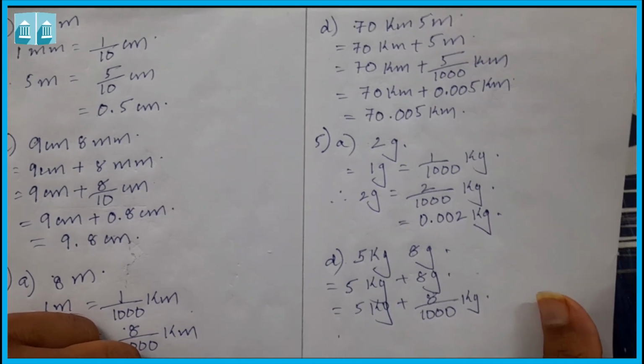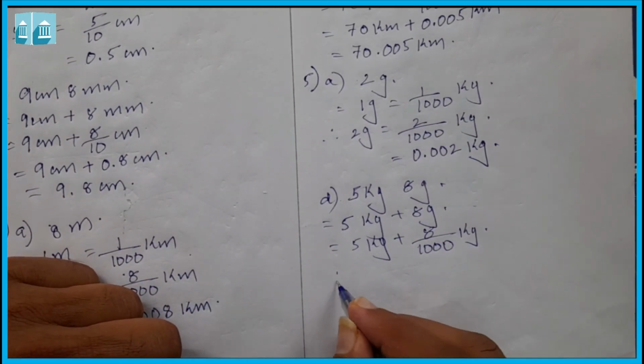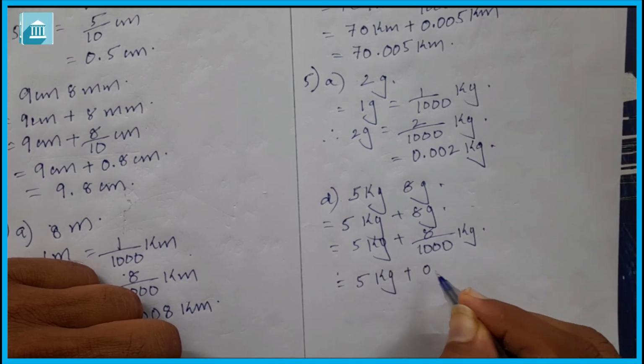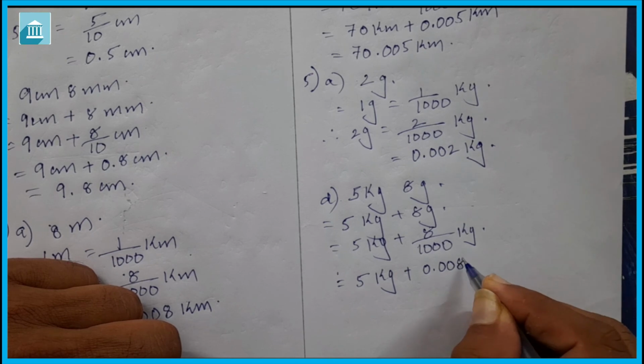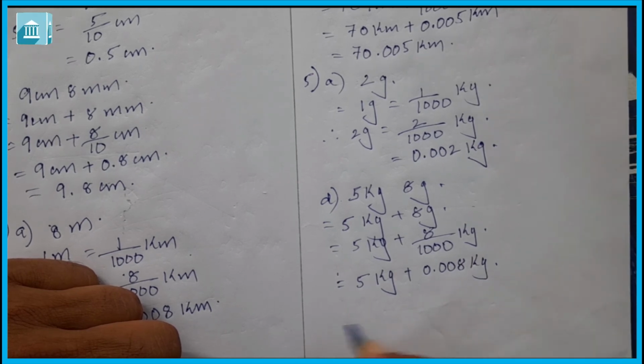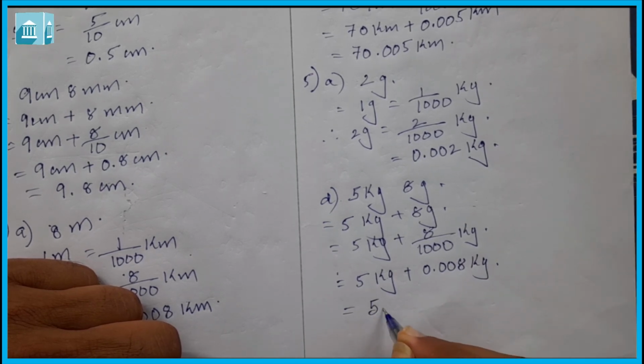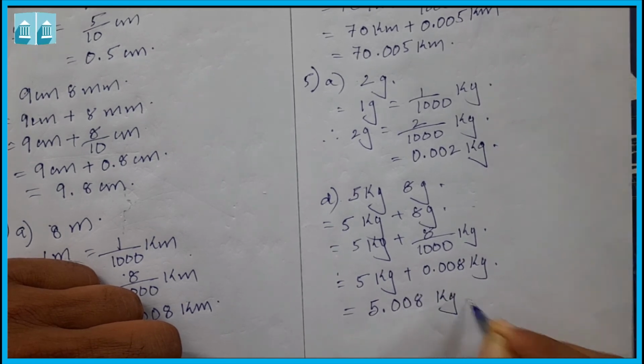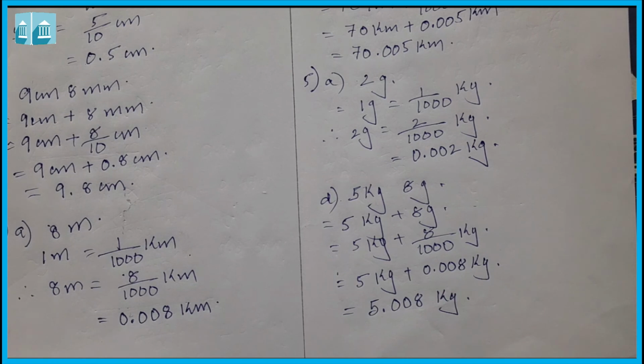Now this will be equal to 5 kg plus 0.008 kg, which is equal to 5.008 kg. So this is the answer.